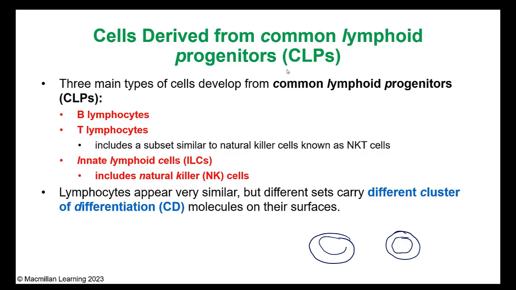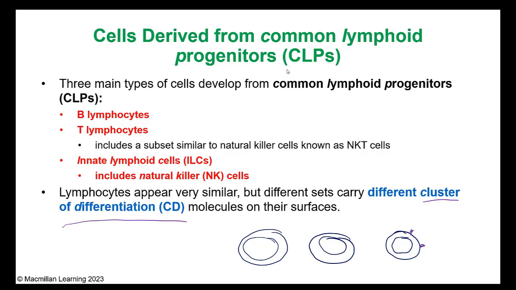You can have a B cell, a T cell, a natural killer cell, and they all look the same. You look at the nucleus and can't tell them apart. So the way you tell them apart is based on some proteins they have at the surface. Those proteins are called cluster of differentiation proteins, or CD molecules.